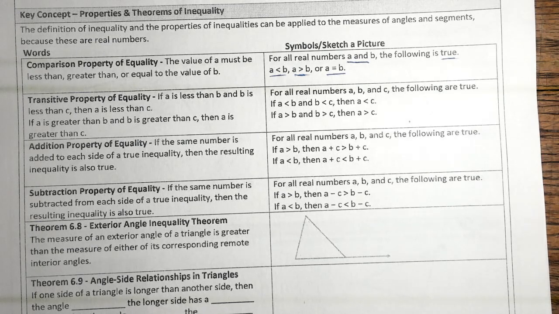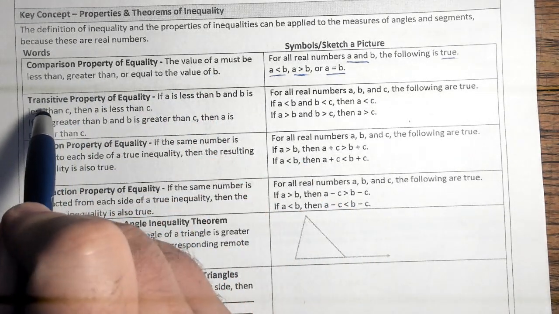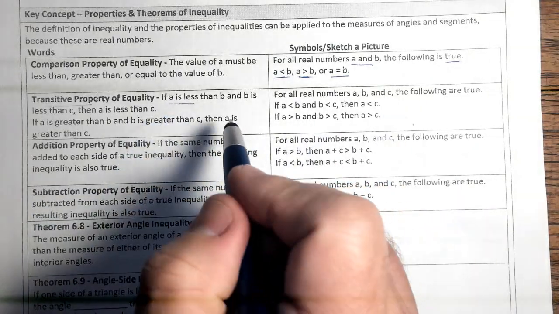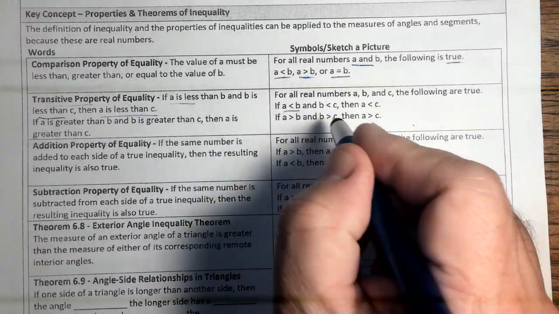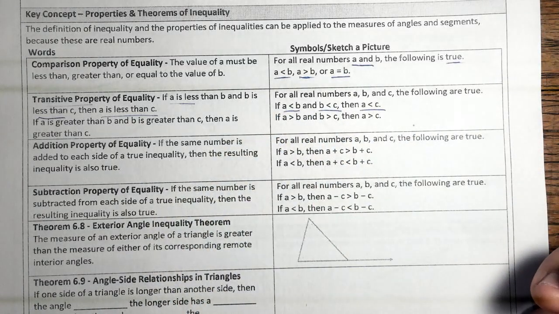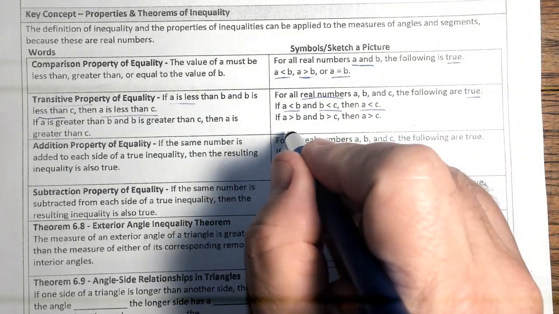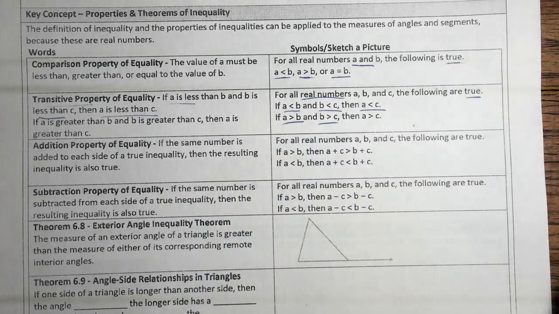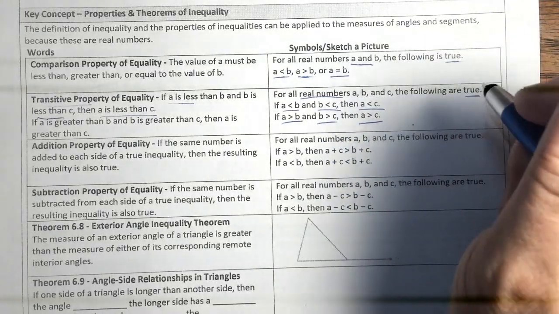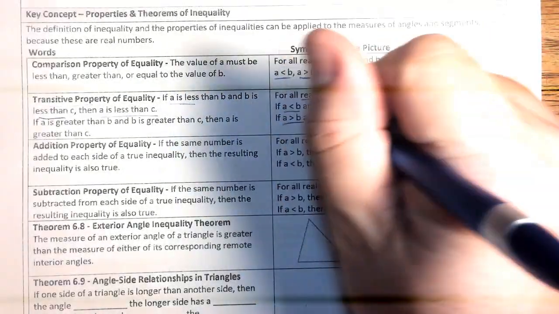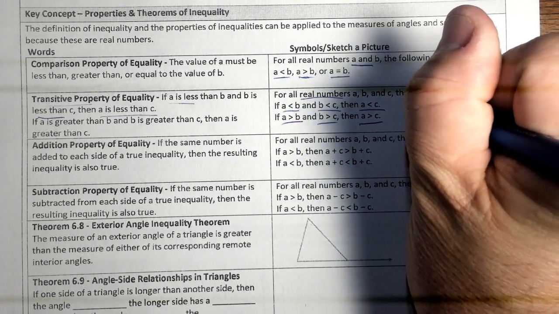All right, the transitive property. If A is less than B and B is less than C, then A is less than C. This is true for all real numbers A, B, and C. Likewise, if A is greater than B and B is greater than C, then A has to be greater than C. Let's just make A 2 and B 3, okay?